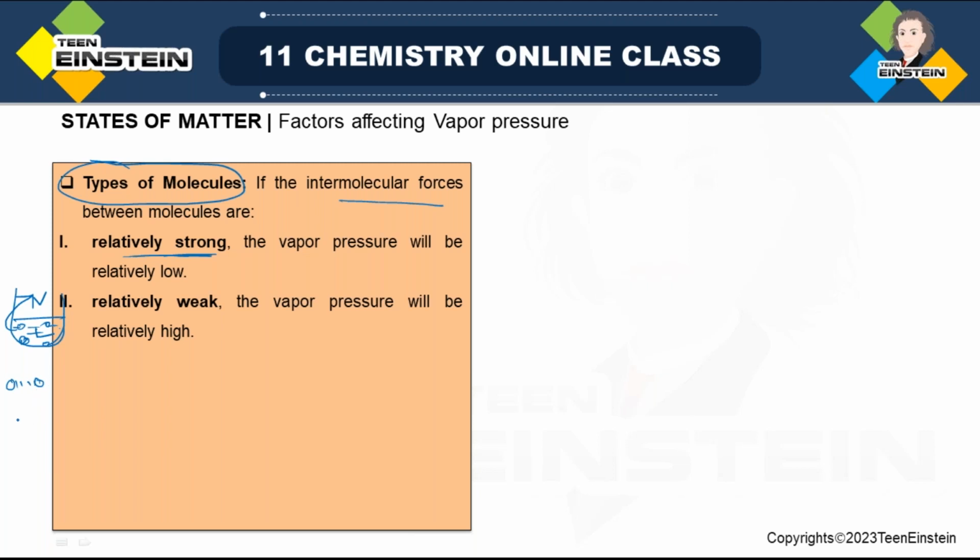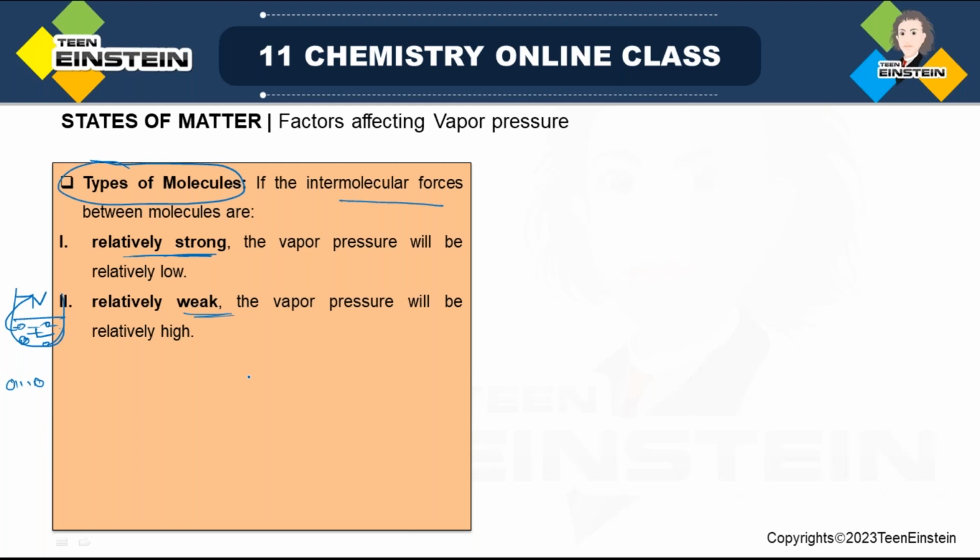When they move from liquid to vapor, the distance between them increases, but that is not so easy because of the strong intermolecular forces. So when this force is very strong, we cannot expect very high vapor pressure, so it will be low. But when it is weak, vapor pressure will be relatively high.